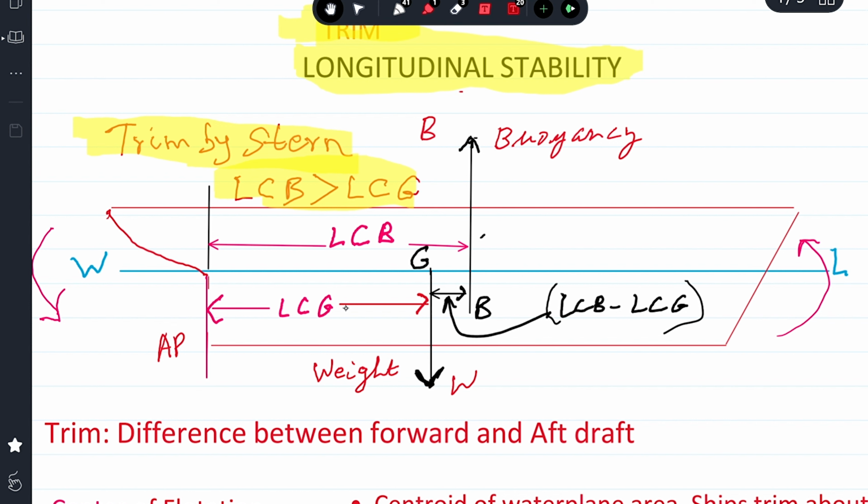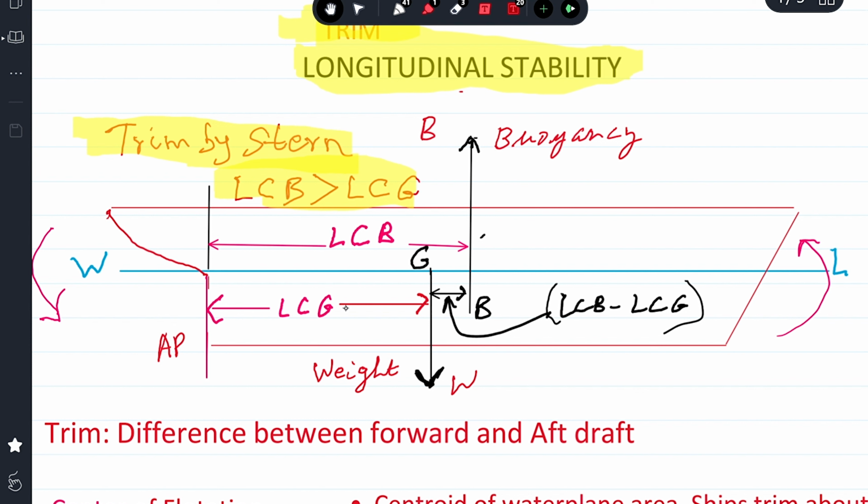The center of gravity, because of the weight, has shifted aft, creating a lever which is called the trimming lever. The trimming lever is this length BG, and you can see that LCB is greater than LCG here. So if LCB is greater than LCG, what is happening?